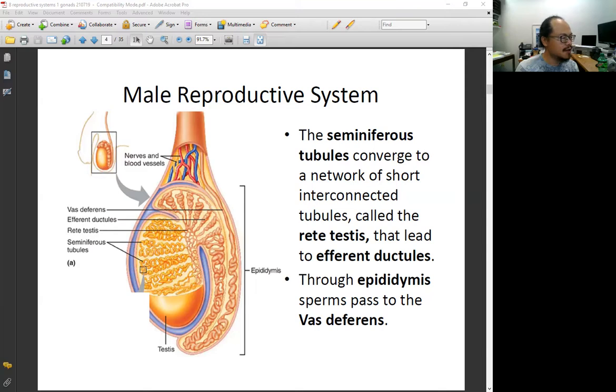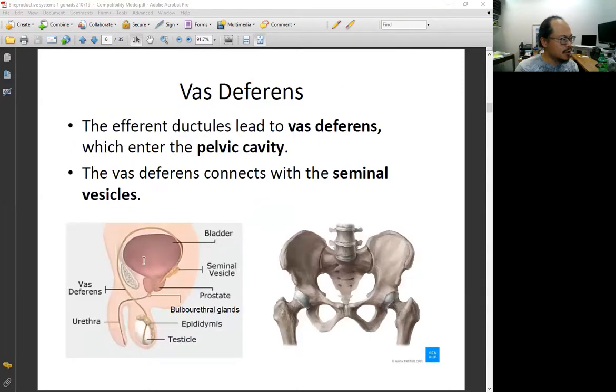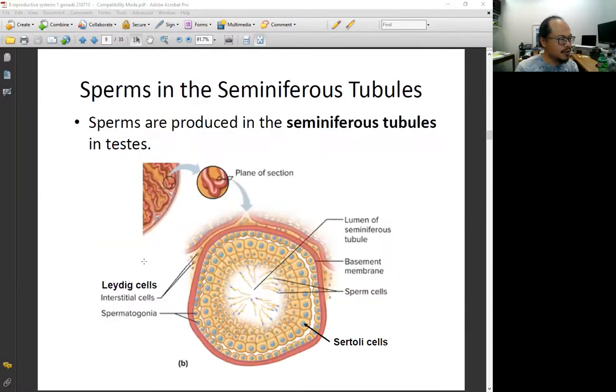This is the region where we have the production of sperms. If we do the sectional view, you can see how sperm is produced inside of this seminiferous tubule. But just keep in mind that we will talk about that.